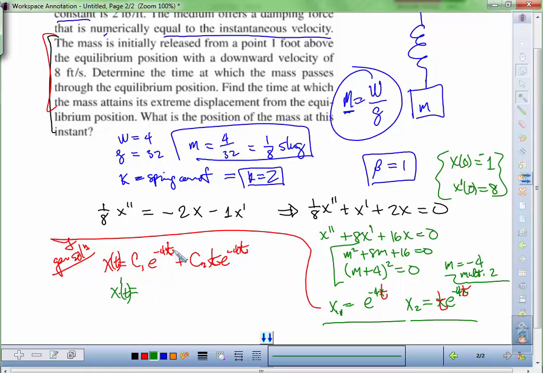Oh well. The derivative, we need to find the derivative. And so we'll have an extra -4 popping out of this. The next one's a product rule, so we have to be careful.